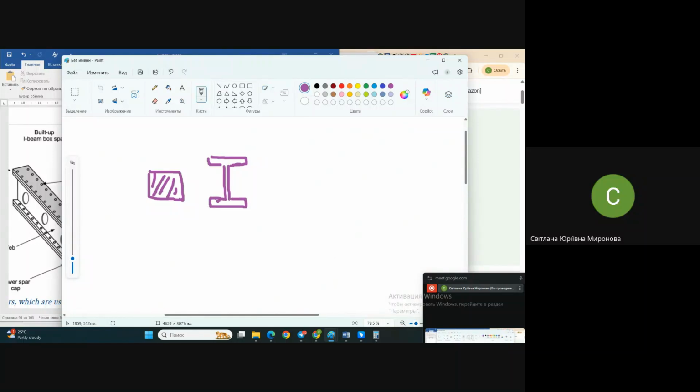The whole area will be the same, but this one may withstand higher loads, especially when it comes to bending moment.